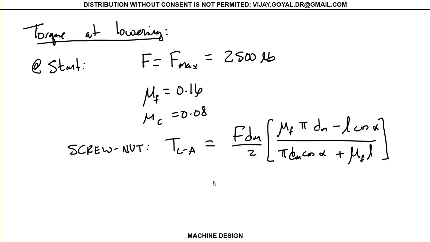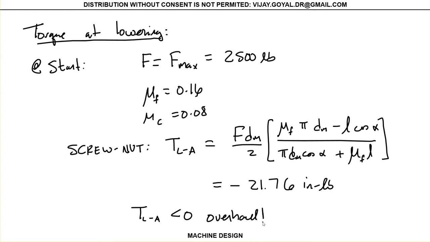Okay, so if I replace all the values here, I find this is minus 21.76 inch pounds. And the fact that this is negative was by definition and by design, because I want this to overhaul and not self-lock. Since I designed it to be less than or equal to 0, that's why you're getting negative, which we kind of expected, but that's how we designed it.